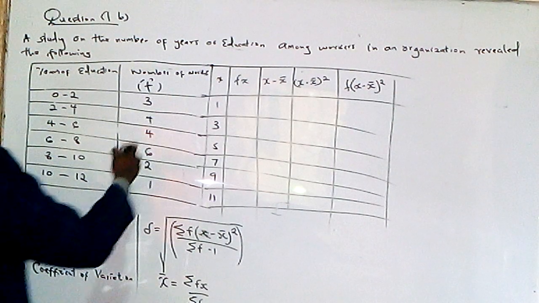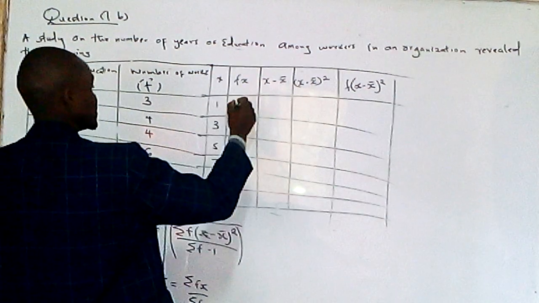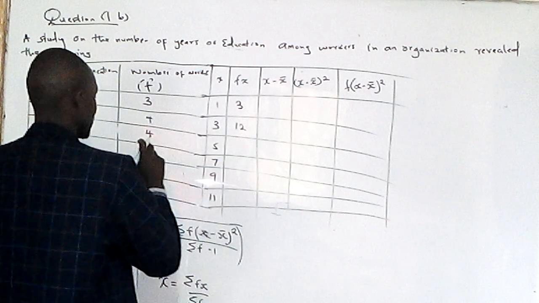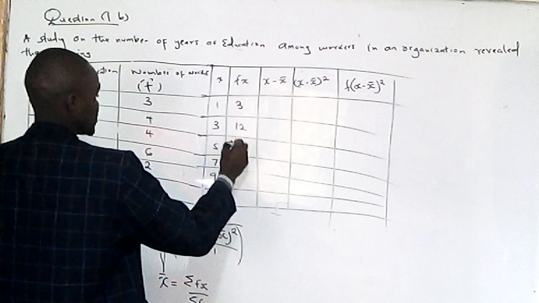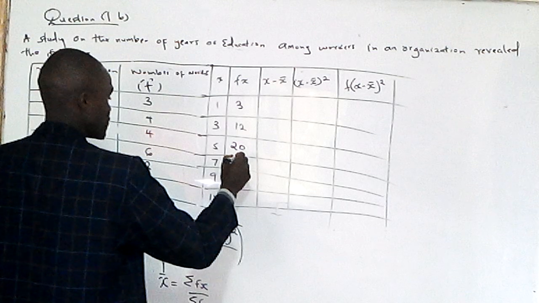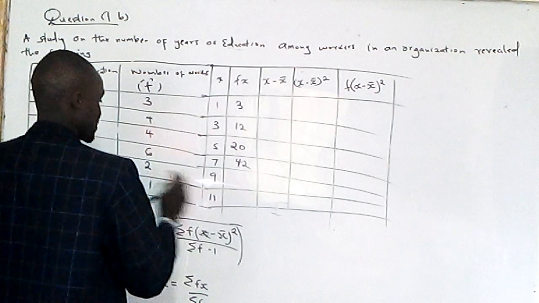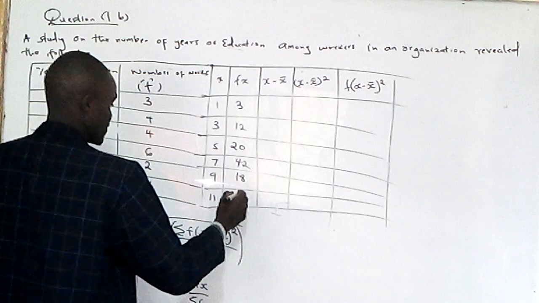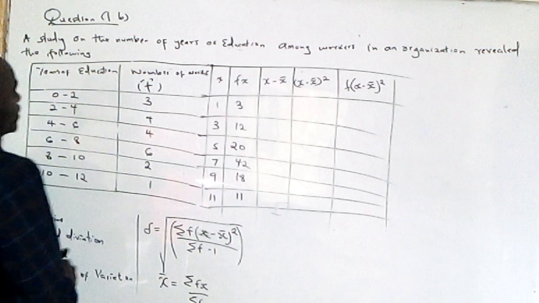For fx, multiply: 3 times 1 is 3, 4 times 3 is 12, 4 times 5 is 20, 6 times 7 is 42, 2 times 9 is 18, and 1 times 11 is 11.